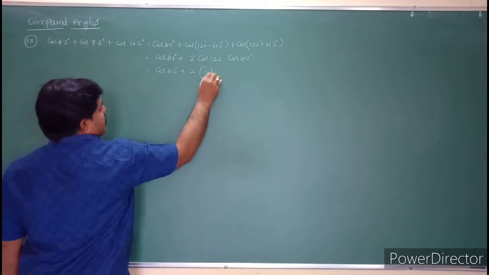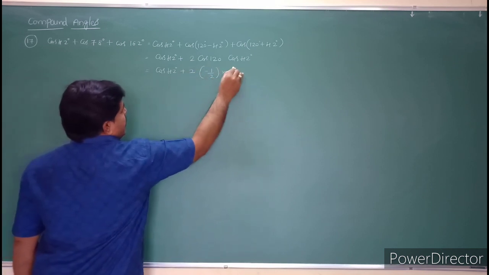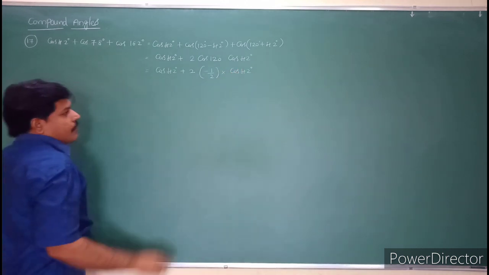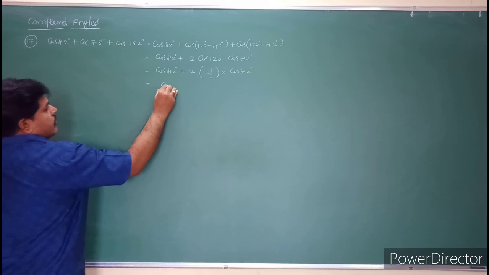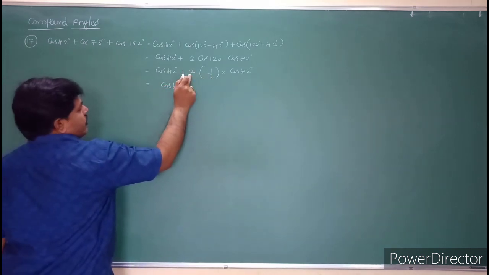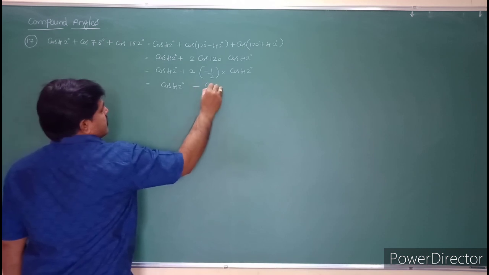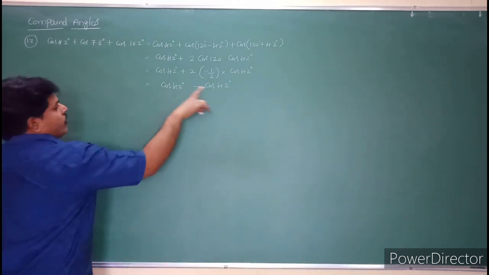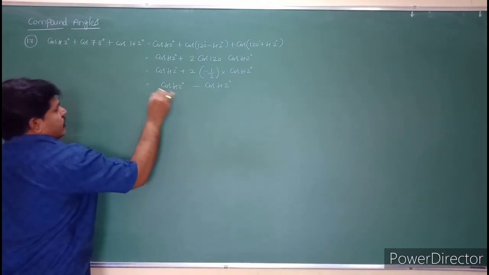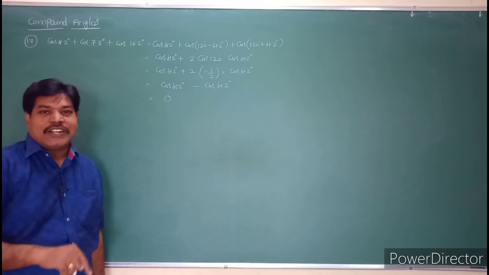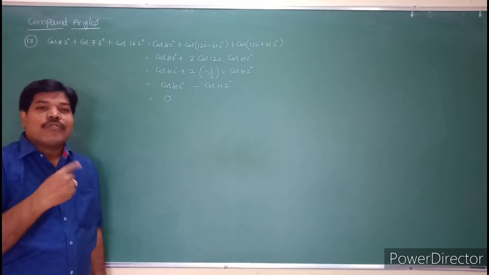Cos 120 is nothing but minus 1 by 2, into cos 42 degrees. So that implies cos 42 degrees, 2 and minus 2 will be cancelled. It will become minus cos 42 degrees. Cos 42 minus cos 42, it will become 0.